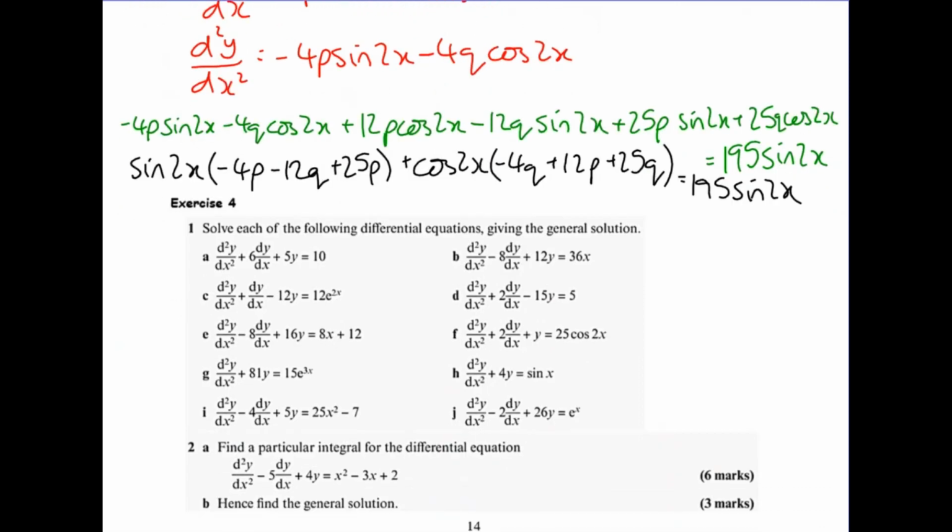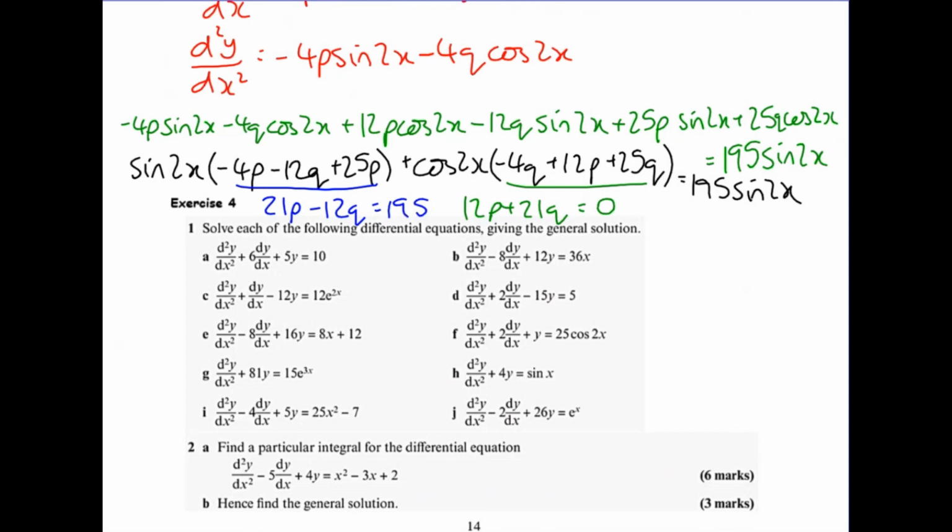We've got simultaneous equations for p and q here. So from my sine coefficient, that's 21p minus 12q equals 195. From my cos coefficients, I've got 12p plus 21q equals 0.